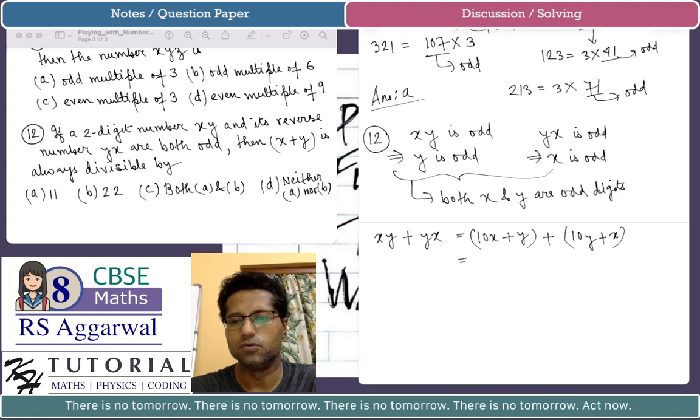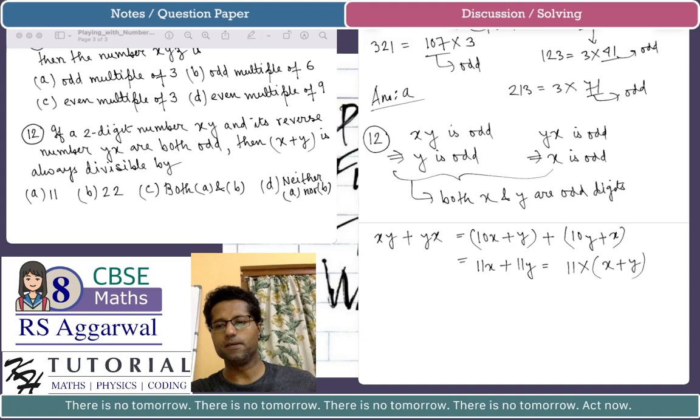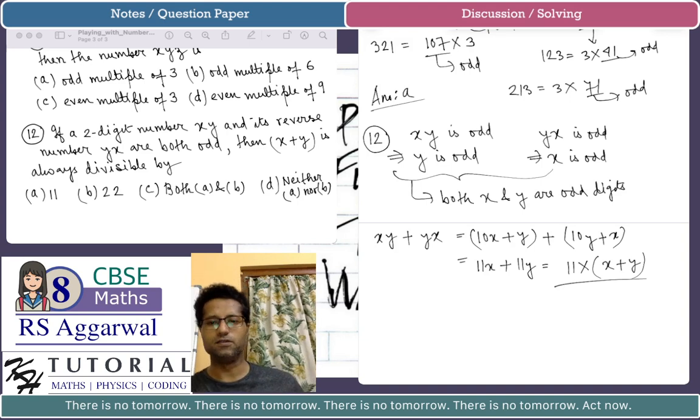This is equal to, if I combine the x terms and the y terms, 11x plus 11y. This is equal to 11 multiplied by x plus y. So definitely xy plus yx is divisible by 11.